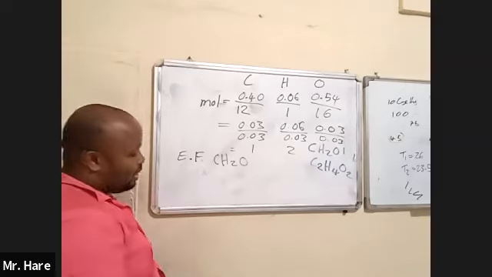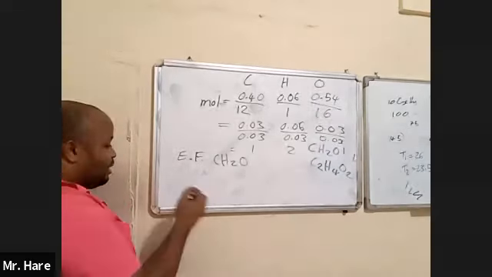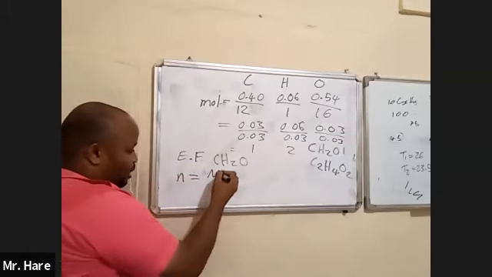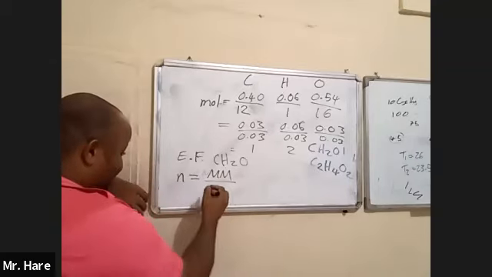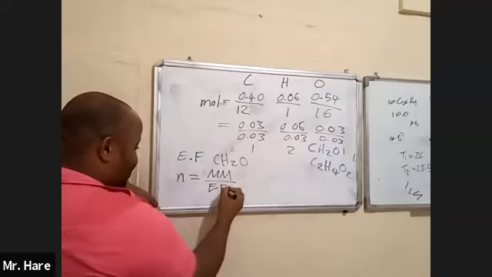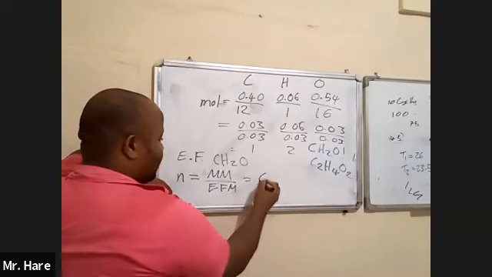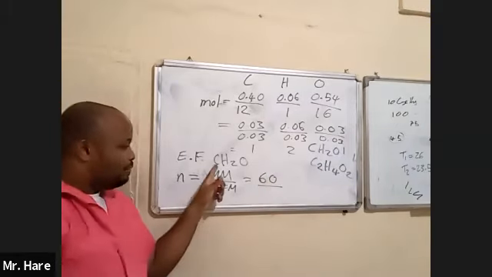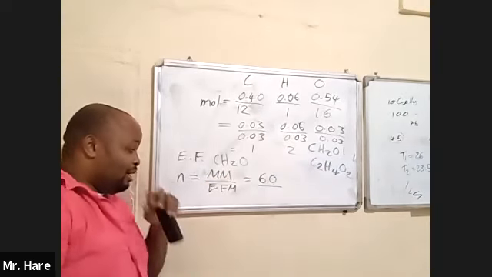To get the molecular formula, what you are going to do is find n. n is the molar mass, 60, divided by the empirical formula mass. Let us add this up: 12 and 2 is 14, 14 and 16 is 30.